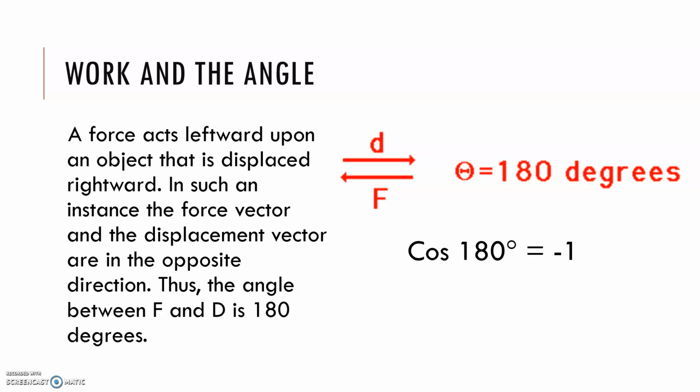Then we can look at what happens when the force basically slows down the object. It's in the opposite direction of that force. So if there's displacement and a force in opposite directions, that would be 180 degrees. Cosine 180 is -1. So essentially, if this is a scenario, it makes your answer a negative, representing negative work.